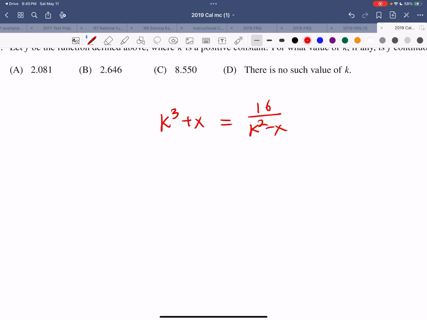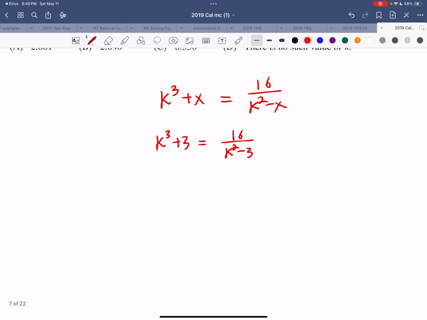So first, let me plug in 3. k to the third power plus 3 is equal to 16 over k squared minus 3. Now we have to find k. First, I'm going to move this one to this side, so what I'm going to do is multiply by k squared minus 3 on both sides, so these two disappear.